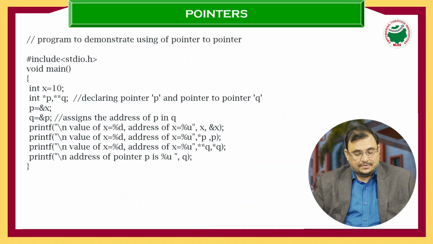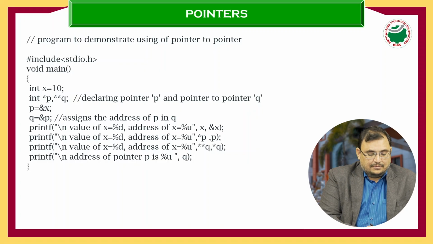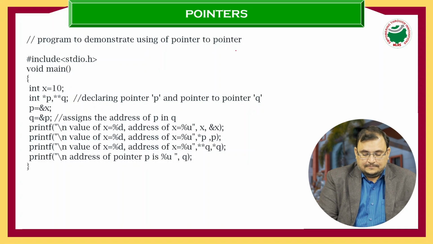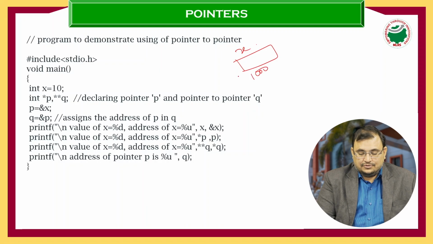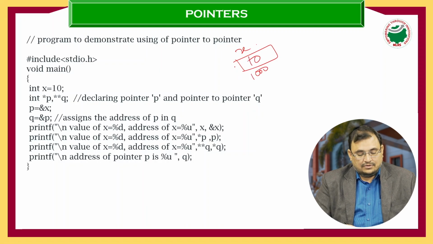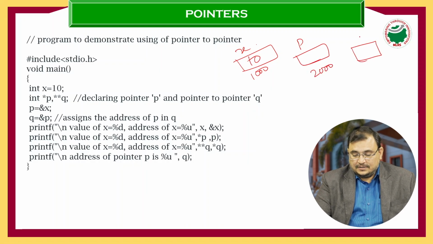If we go for an example program, I am declaring x. X is a variable. Assume the address of x is 1000. I am storing a value 10 here. Then I am declaring a pointer p. Assume the address of the pointer is 2000. I am declaring a pointer to pointer, that is q, whose address is 3000.